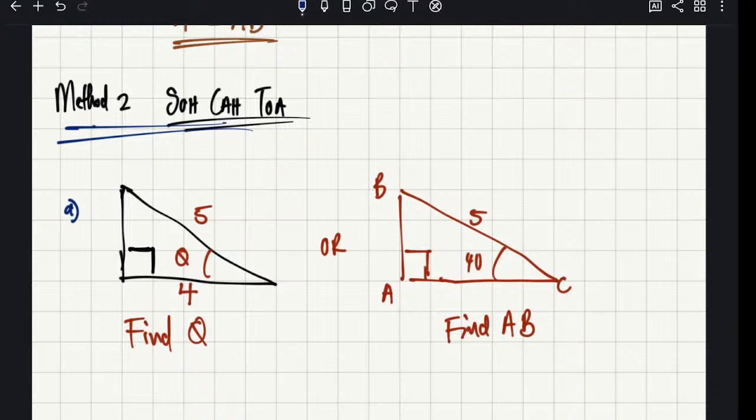So here we have two sides, but we are not looking for side number 3. So we can't use Pythagoras. So we have to use something else. And because we cannot use Pythagoras, that means we have to use SOHCAHTOA. So there you tick, you write on top to say, I'm going to use SOHCAHTOA. So what you then do, you label your triangle. After writing the word SOHCAHTOA, you label your triangle.